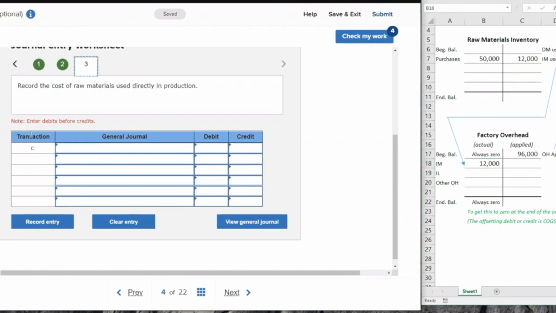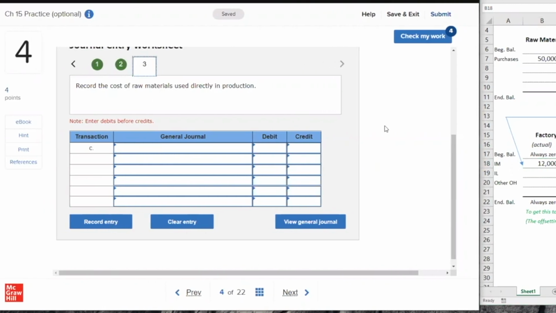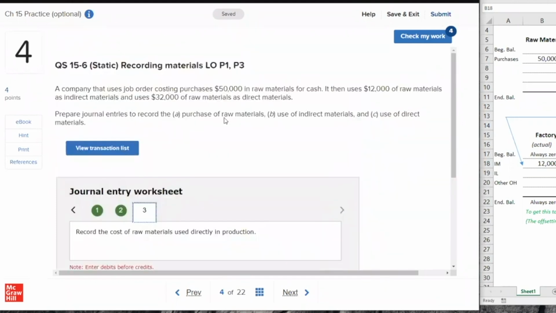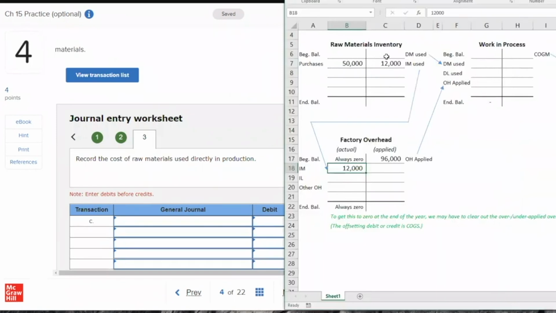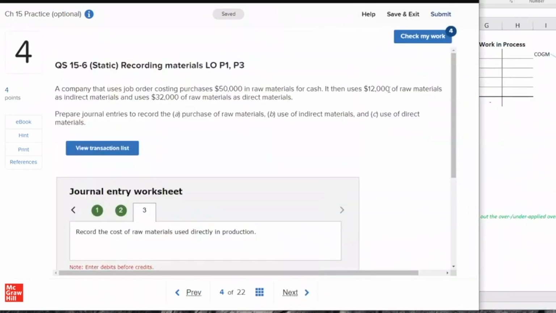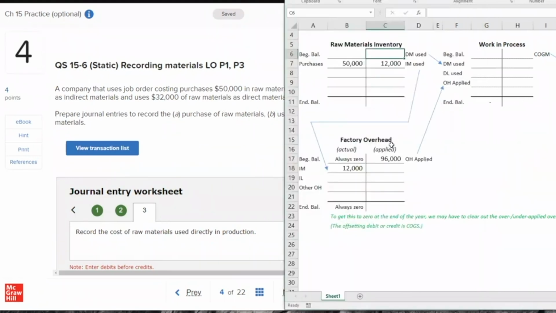Now for the third one, record the cost of raw materials used directly. So the direct materials are 32,000. Now for direct materials, of course, we take it out of here, 32,000. We take it out of here, but we put it into work in process.